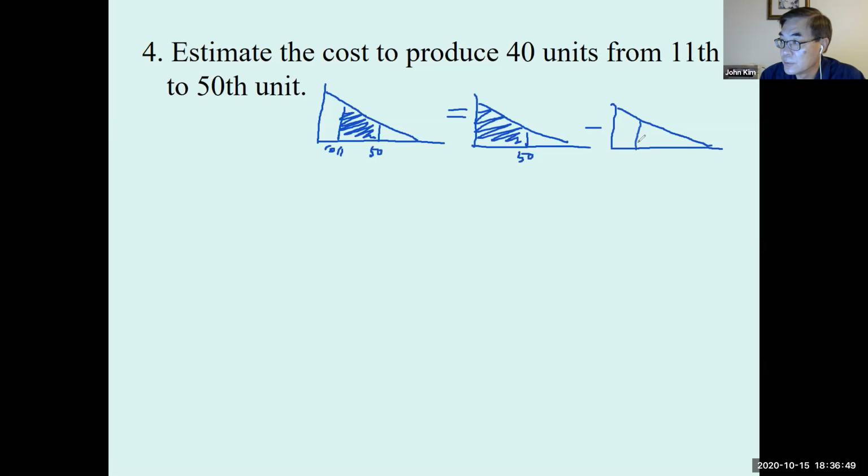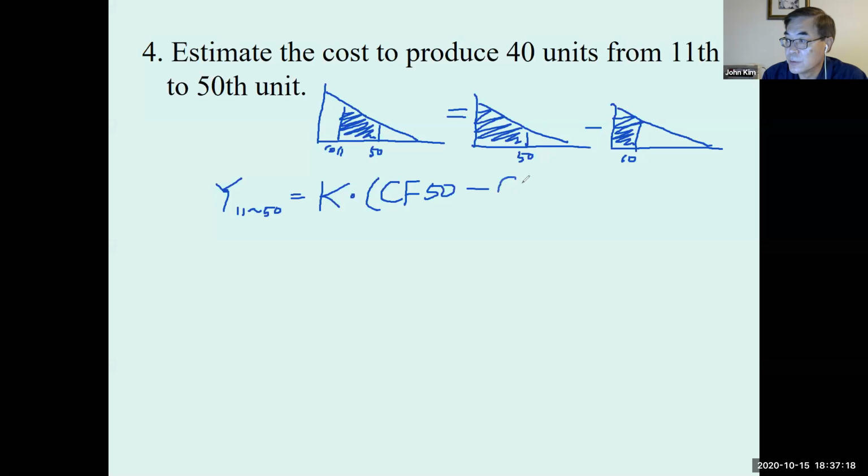So that will be Y from 11 to 50, K times cumulative factor 50 minus cumulative factor 10.